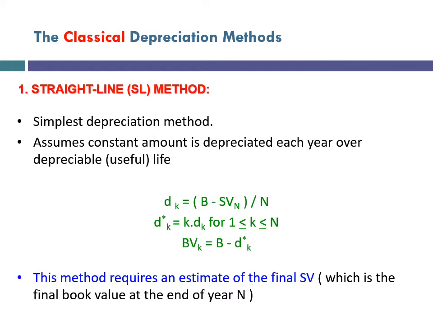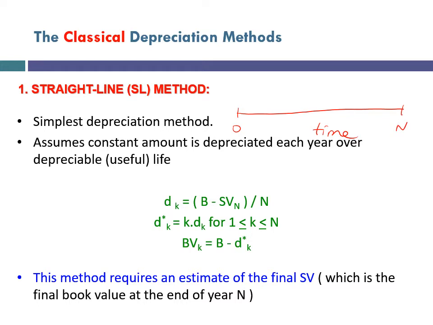Okay, the first and the easiest depreciation method that we are going to learn is the straight line method. And in this straight line method, what do we have? Initially, let's assume that this is the timeline, and it starts at time 0 where you put this property into service, and it has a useful life of n years.